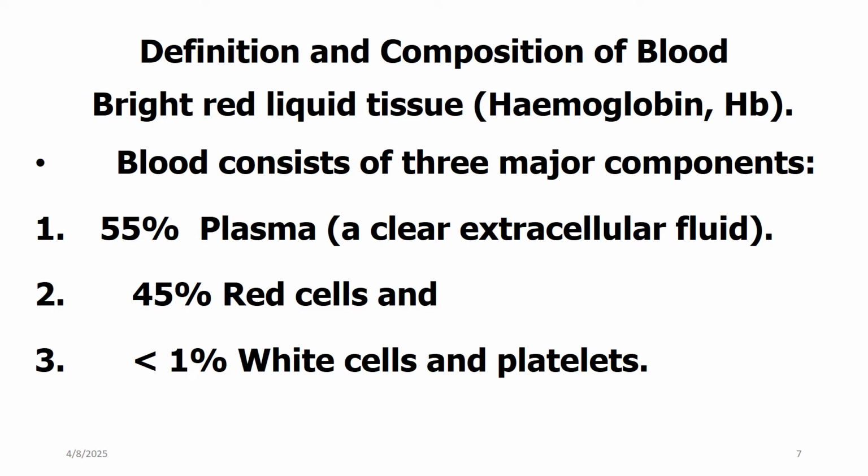It consists of 3 major components. This is plasma, red cells, and white cells. The composition of the plasma is 55%, red cell 45%, and white cells and platelets 1%.